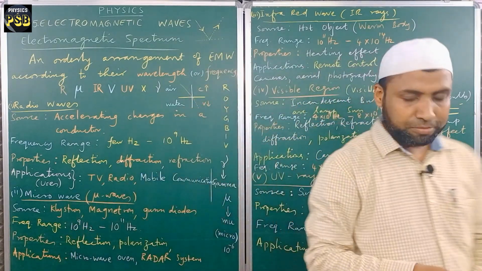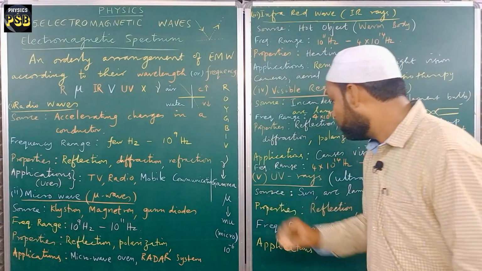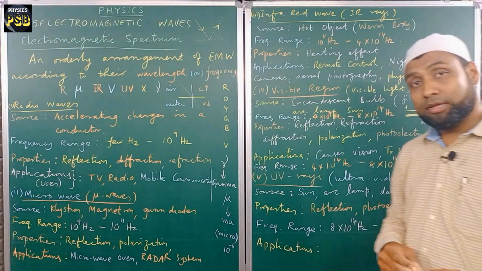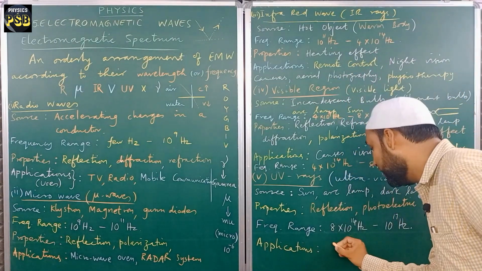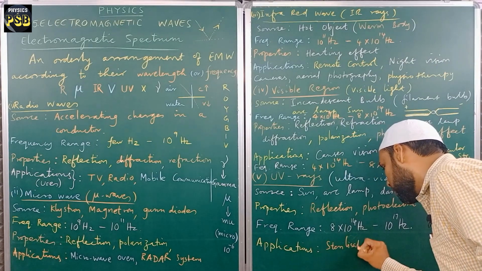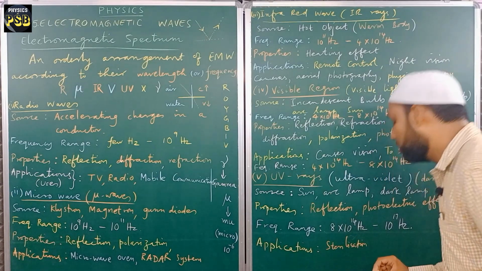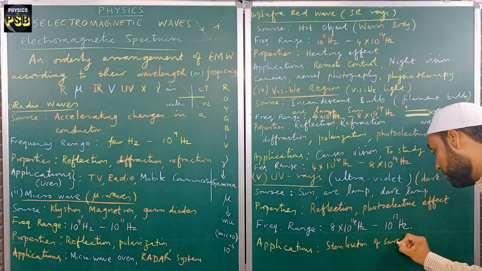What are they? See, UV rays have the property of killing germs, so they are used in sterilization. Sterilization of surgical instruments.